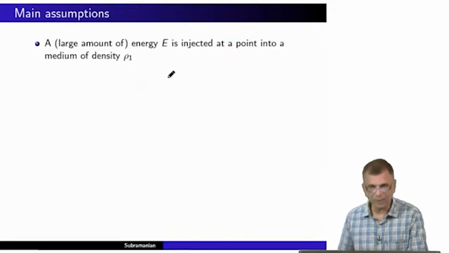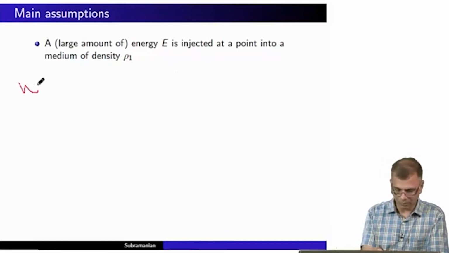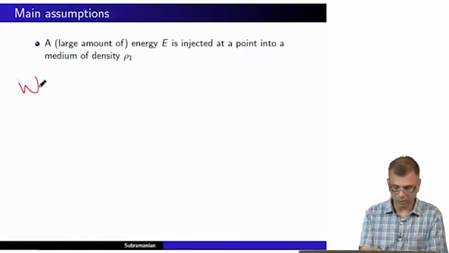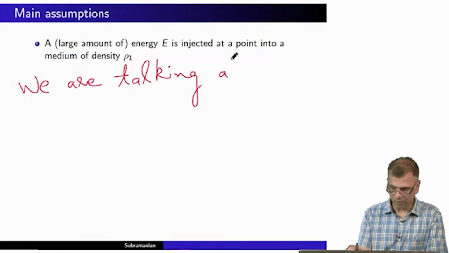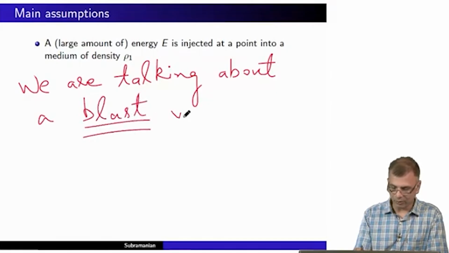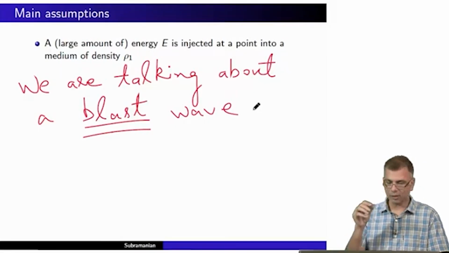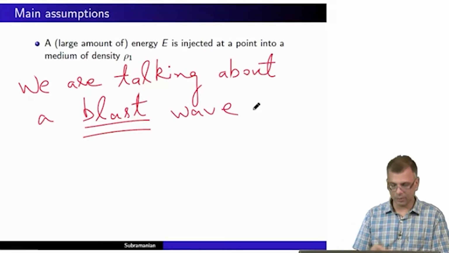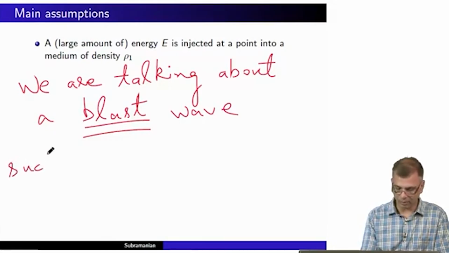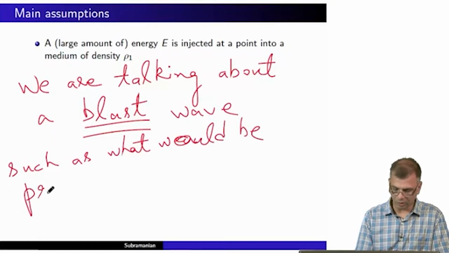Okay, right. So the main assumptions, like we said, we are talking about a blast wave, the kind that would be produced due to the injection of a large amount of energy at a point, such as what would be produced by a bomb.